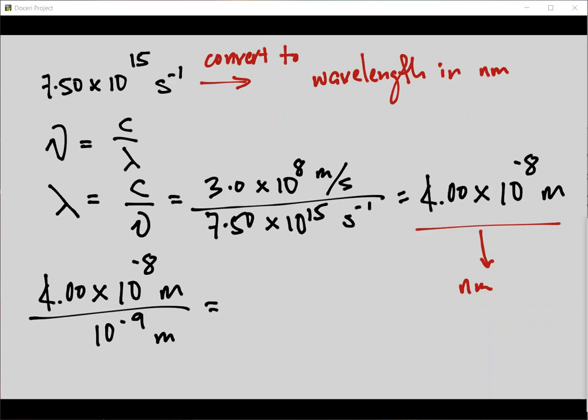And we get 40 nanometers. So that's how you convert frequency to wavelength in nanometers. So again, whenever you're plugging it into the equation, what you get is the wavelength in meters, and you can convert this to nanometers by simply dividing it by 10 to the negative 9, or by multiplying this number by 10 to the positive 9. So you can do either or.